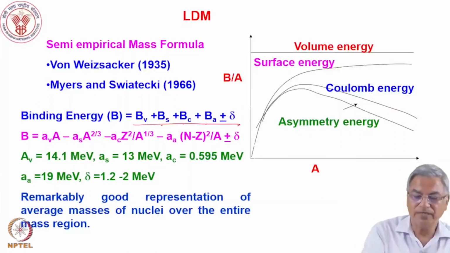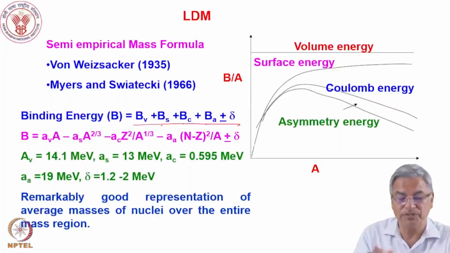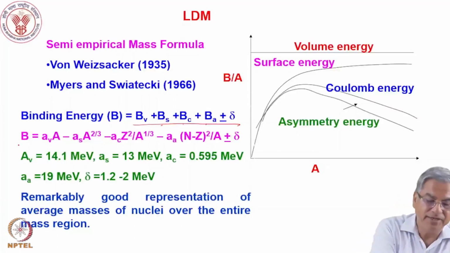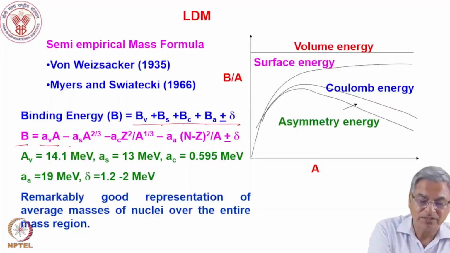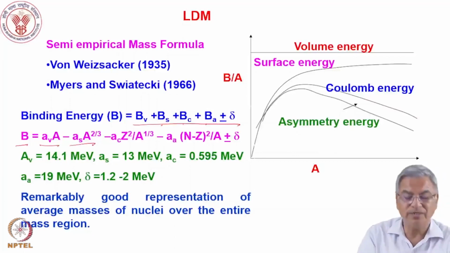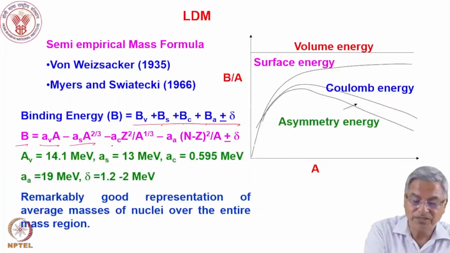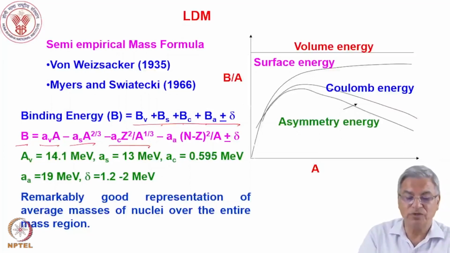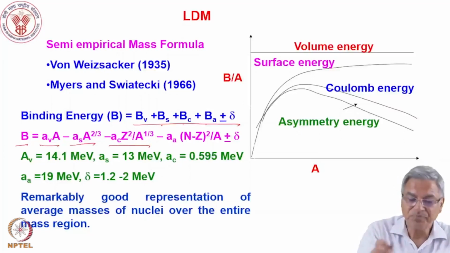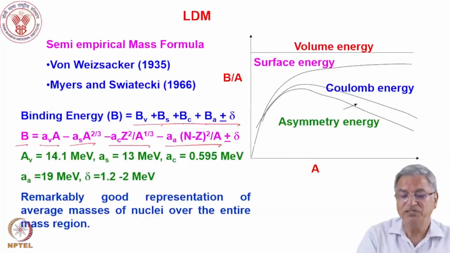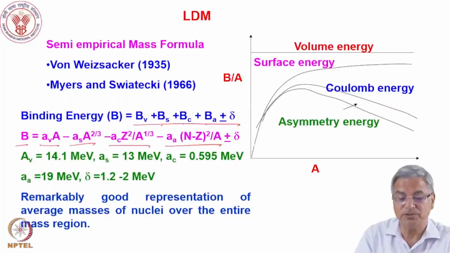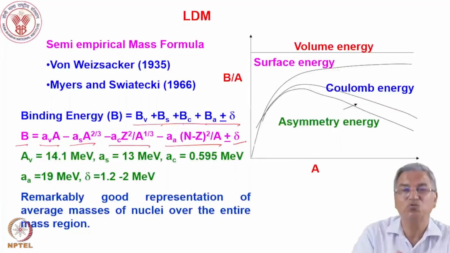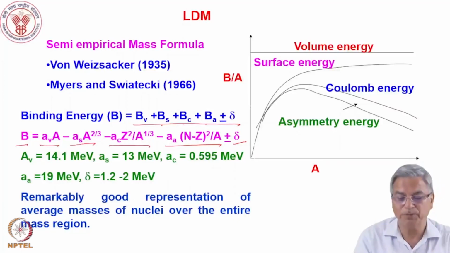So the binding energy of a nucleus is equal to AV times A, where A is the mass number, minus AS upon A raised to 2/3, the surface energy term, minus AC Z square by A raised to 1/3, the Coulomb energy term, minus AA (A minus 2Z) whole square upon A, the mass asymmetry term, and plus or minus delta, which could be plus, minus or 0 depending upon the mass number.